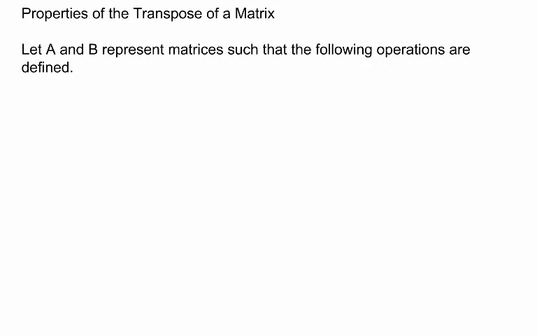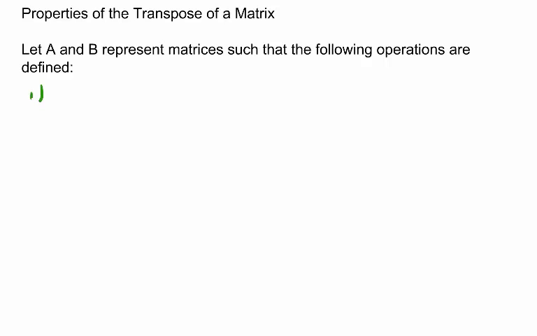Let's let A and B represent matrices such that the following operations are defined. In other words, matrices A and B should be of sizes that will perform the following operations.